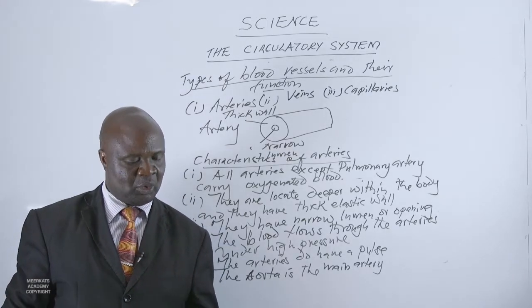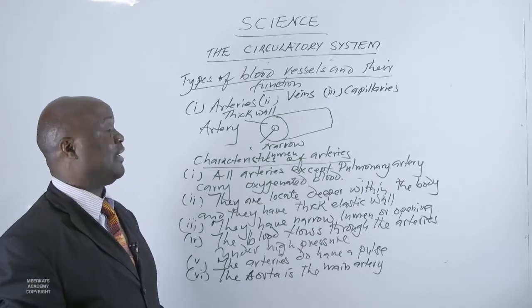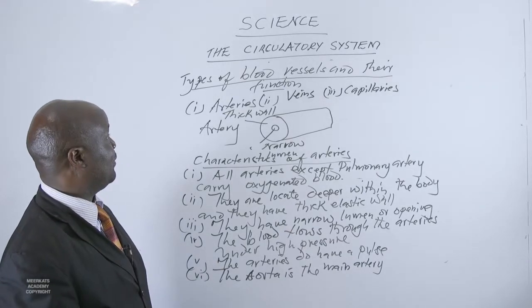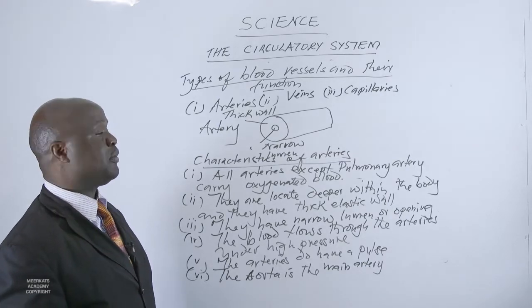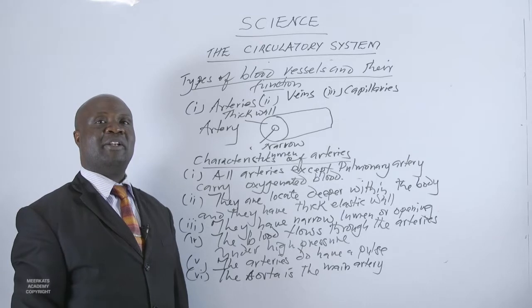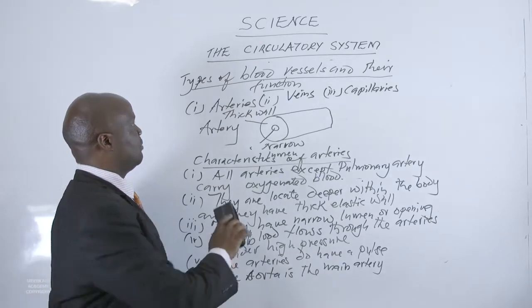Now, from what we have seen, arteries are part of the blood vessels. We can go to a second category of blood vessel called veins.